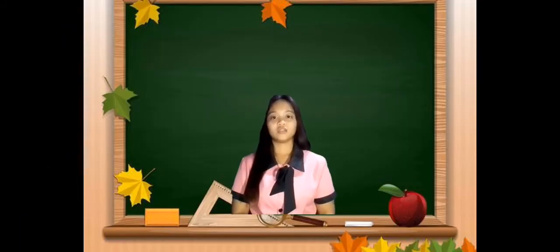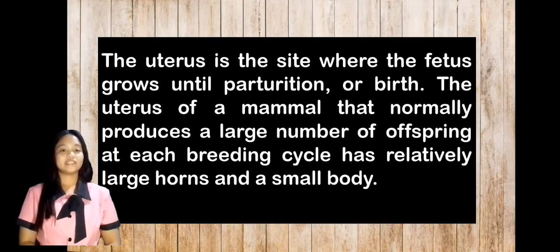At ovulation, a follicle ruptures, releasing an ovum that is caught by the infundibulum. After copulation, sperm move through the uterus to the oviduct. Fertilization of the ovum occurs in the upper end of the oviduct.